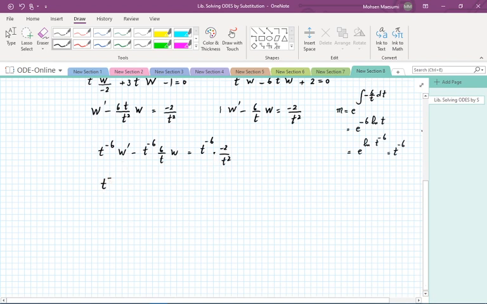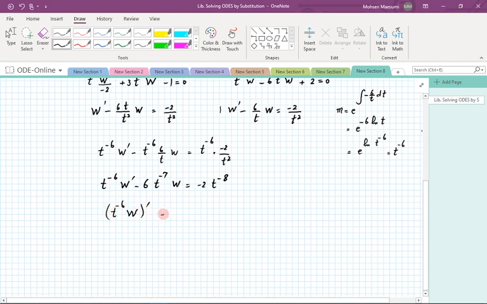So t to power of minus 6 w prime minus 6t to power of minus 7 w is equal to minus 2t to power of minus 8. Okay. If you have done everything correctly, this has to be a complete derivative. Derivative of w times t to power of minus 6.